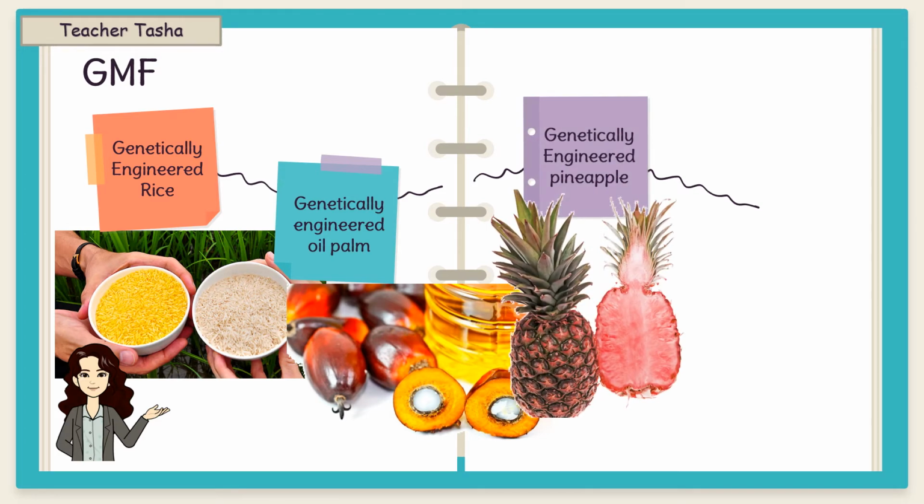Next, we have the genetically engineered pineapples. They are actually rose gold pineapples or pink pineapples. Okay, they are most sweet. This pineapple has been genetically modified to produce a pink pineapple with extra sweetness. The genetically modified pineapple is called rose gold. Young pineapples produce a lot of a pigment called lycopene, which is responsible for the red color in tomatoes and watermelons.